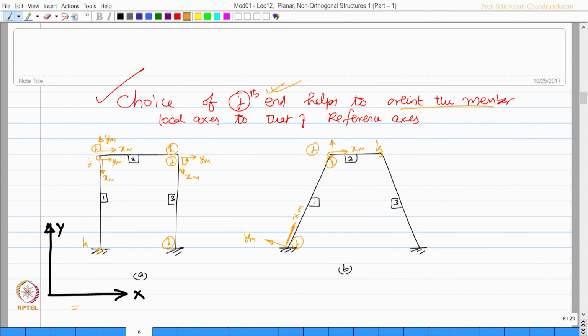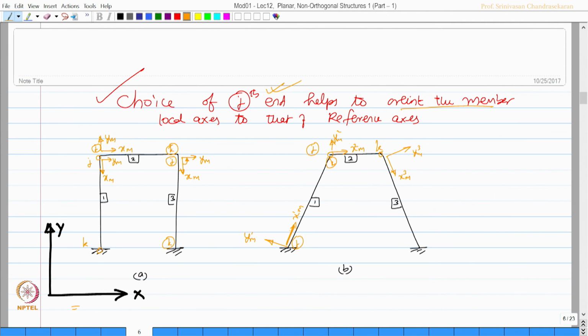And for member 3, I can either do it this way or the earlier way, like we have done for member 1. So, this is xm, ym. So, let me put a suffix: this is 1 indicating member 1, this is 2 indicating member 2 and this is 3 indicating member 3.